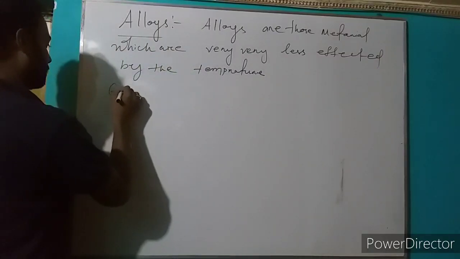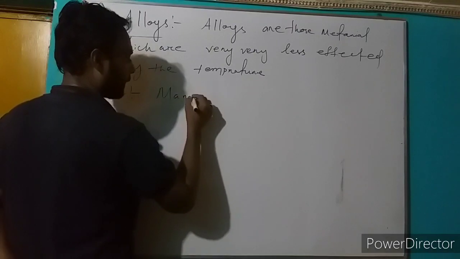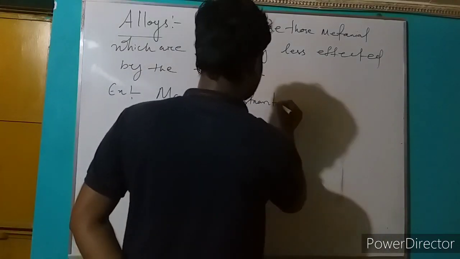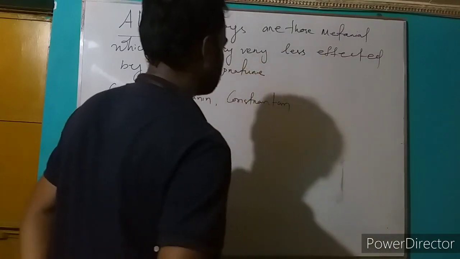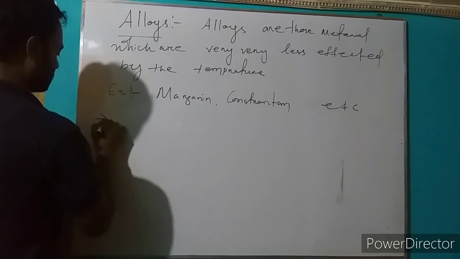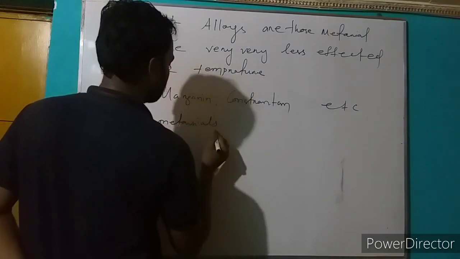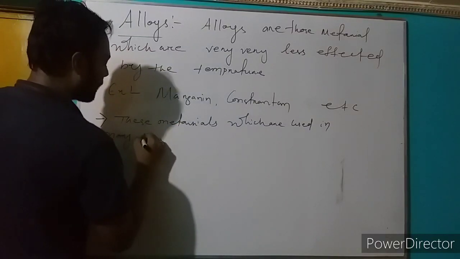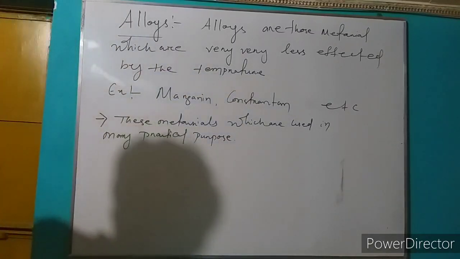Those materials are compounds like manganese, constantan, and then eureka. Okay, these are the things, manganese, constantan, etc. And the second thing is these materials are used in many practical purposes. Clear? Please note it. Very good, important thing.